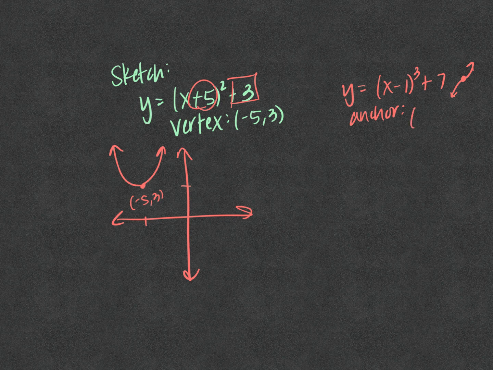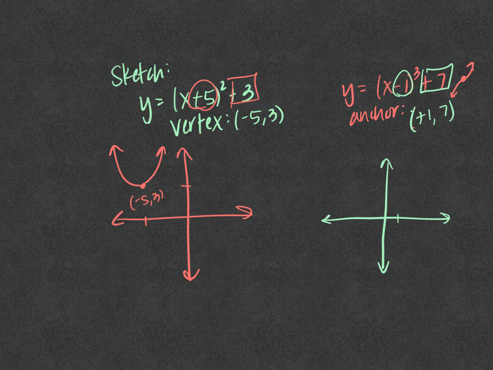Now for this new anchor point, we're going to change the sign of h to be positive 1, and we're going to keep the sign of k to be positive 7. So our anchor point is at 1, 7. So we're going to come over here to 1 and go up to 7. And we have an x to the third, so that's half a parabola up and half a parabola down.